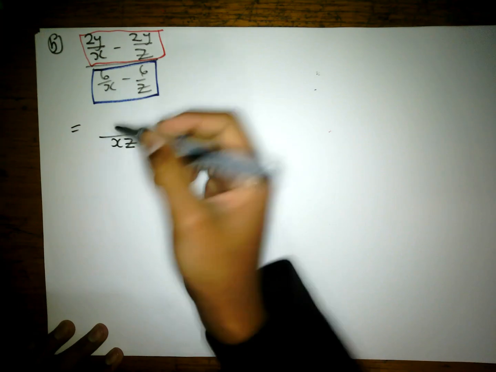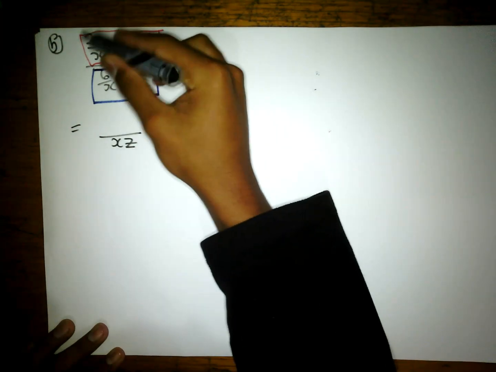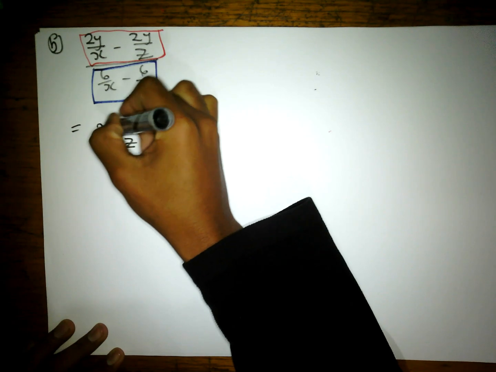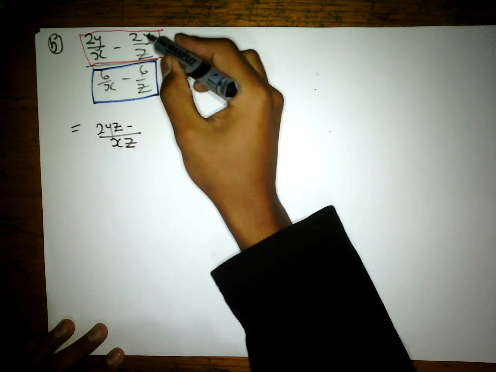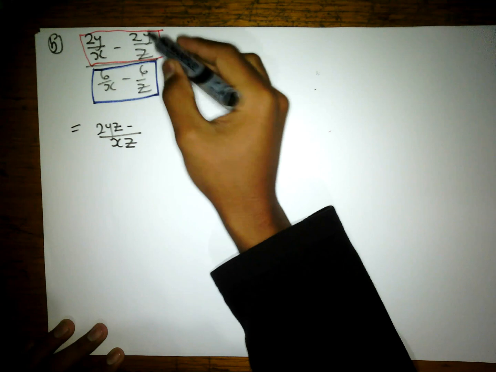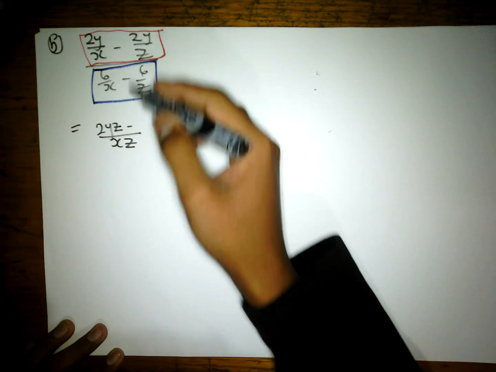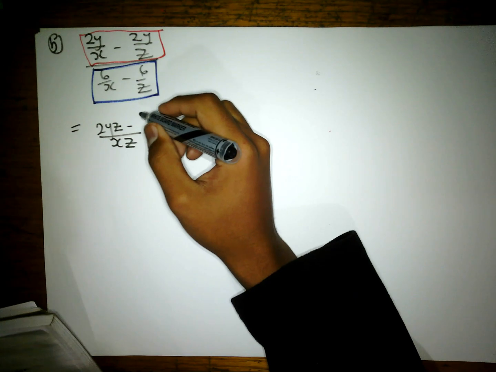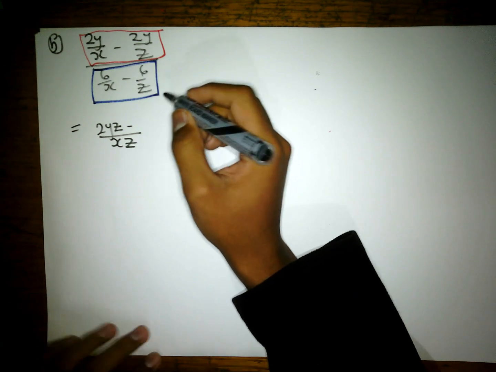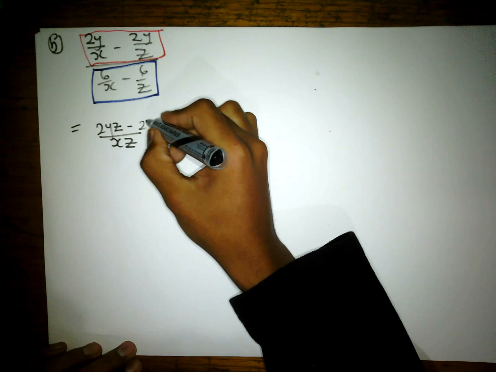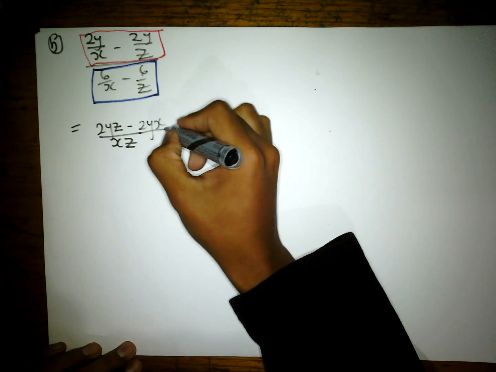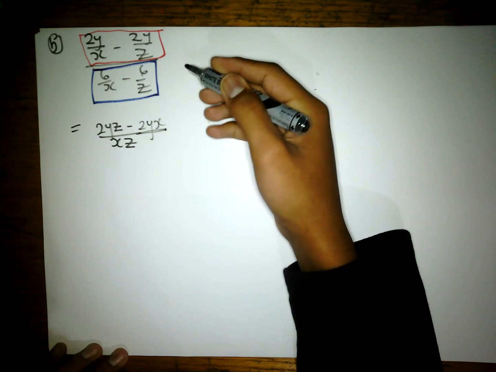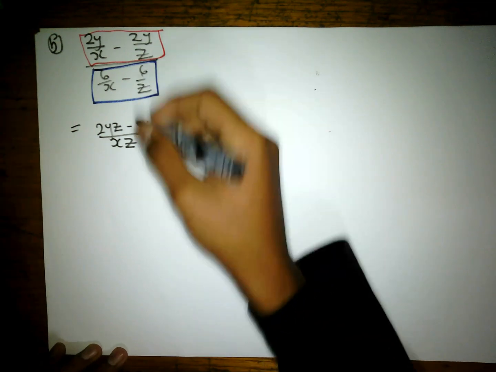So this 2y in this fraction doesn't have a z, so we're going to say 2yz minus, this 2y doesn't have an x in this fraction, so it's going to be 2yx. Does everybody understand that when you're adding and subtracting fractions, you make the denominators the same?